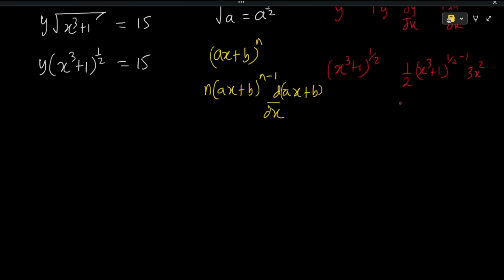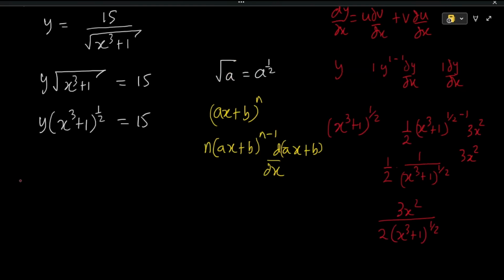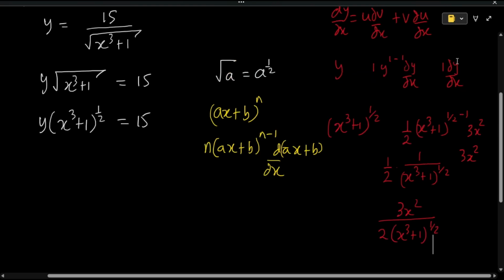and when we go ahead and simplify this expression over here, we're going to get. So the derivative of y is 1 dy/dx or dy/dx, and the derivative of this expression over here based on the chain rule method of differentiation is given by this expression.